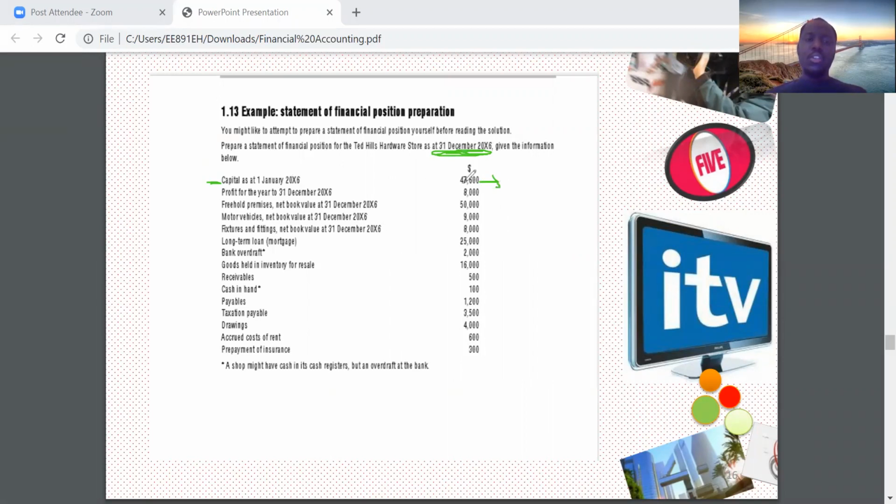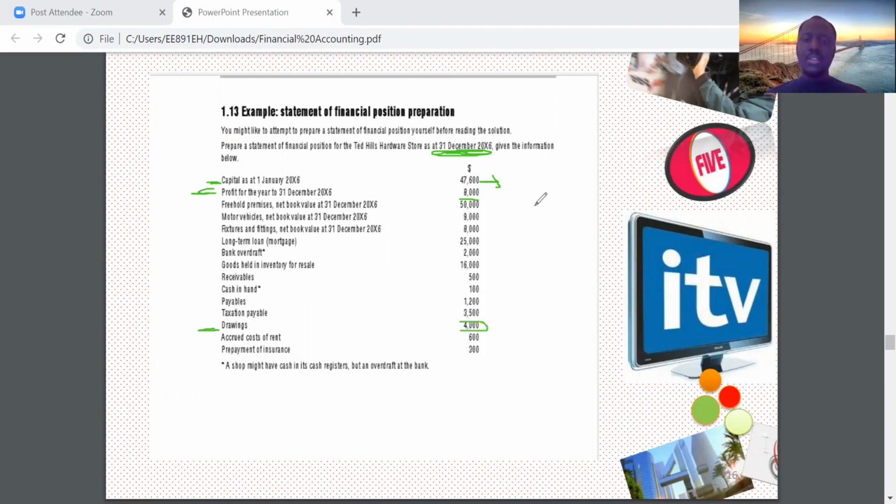So what you need to do is take this capital, which is the beginning balance, and add it to your profits right here. And then you take out any drawings, because drawings is like a withdrawal from the business. So you come to drawings and take out any drawings, which is 4,000.